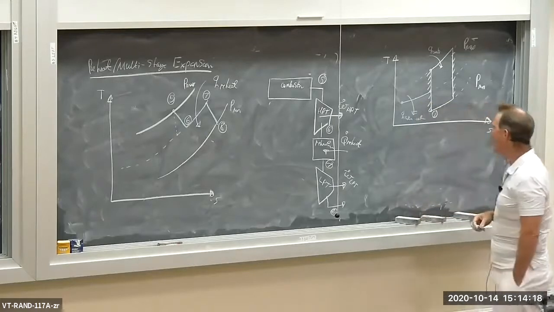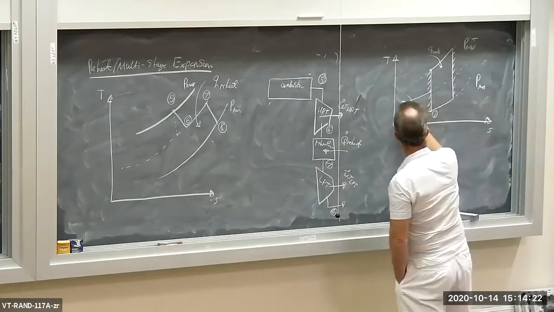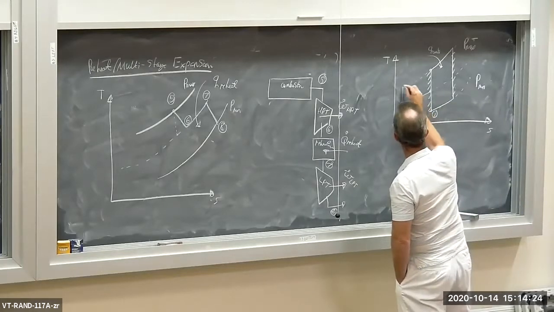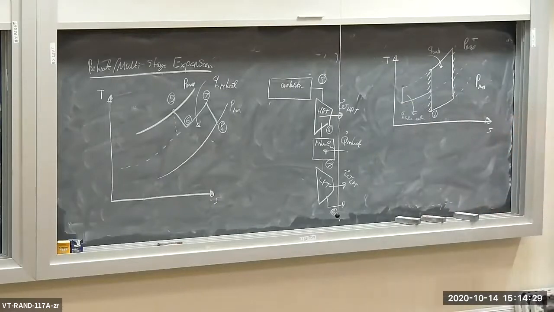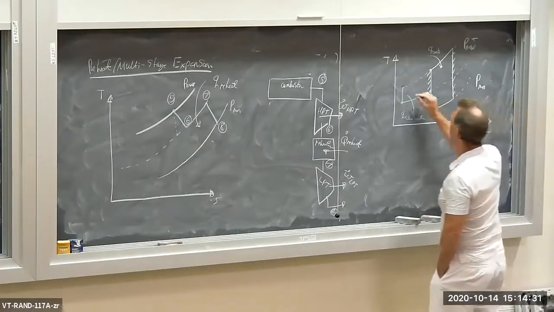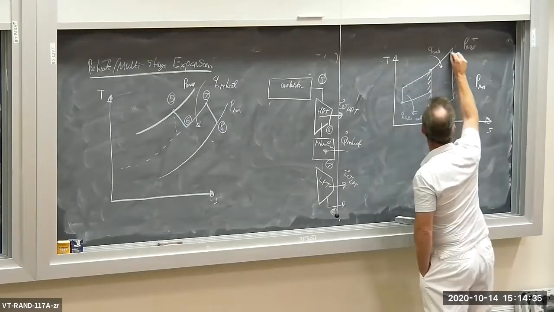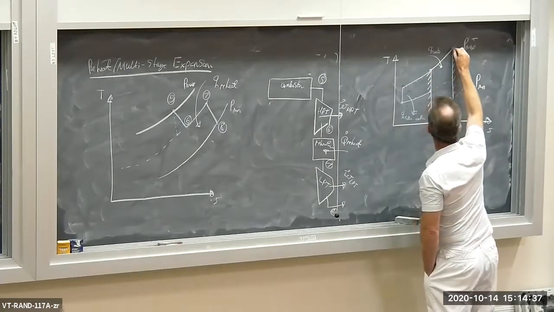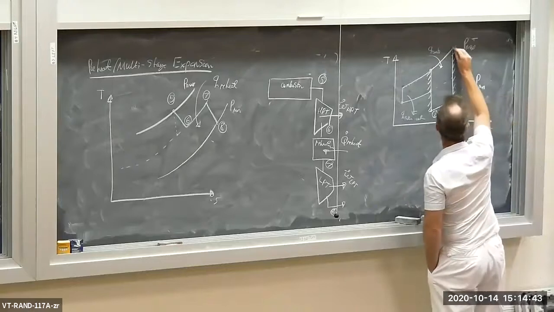Going to reject heat. Now I'm going to compress all the way up to my Pmax isobar. Now I'm going to add heat up to my Tmax. Now I'm going to expand in my high pressure turbine.